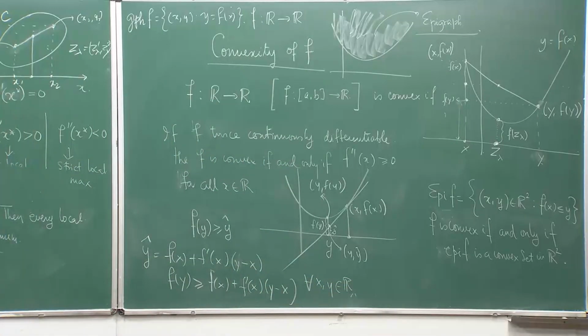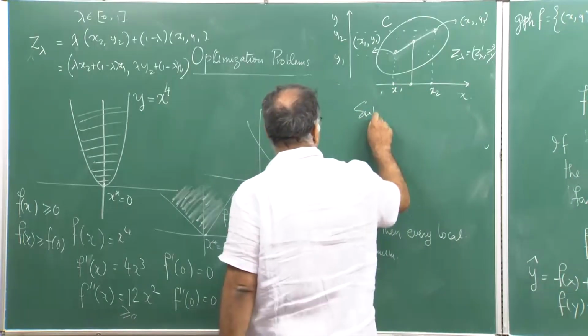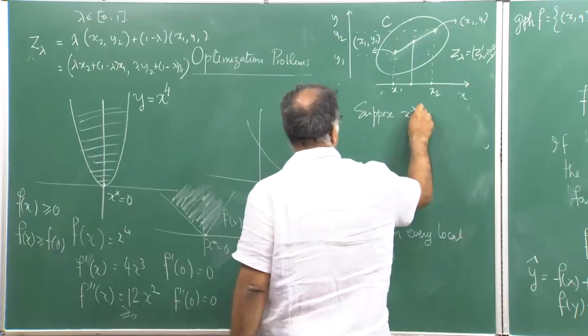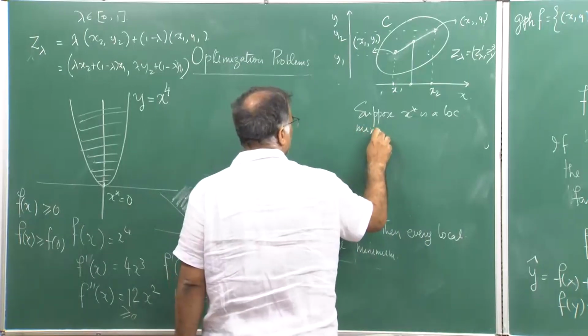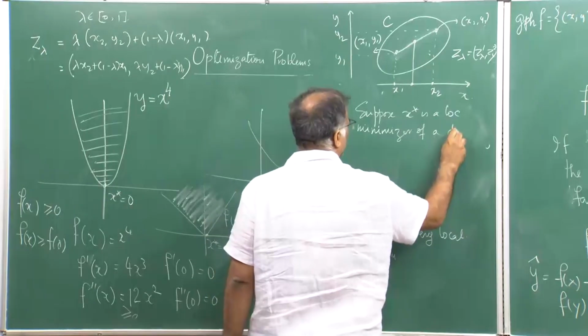Now suppose there is a local minimizer. x star is a local minimizer of a differentiable convex function.